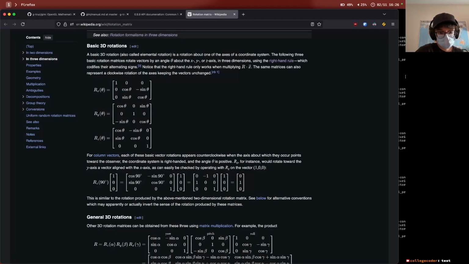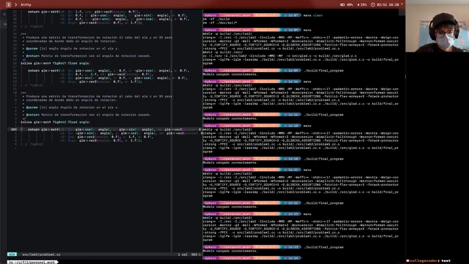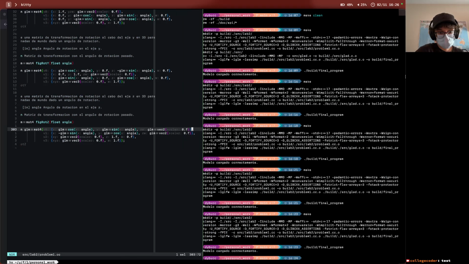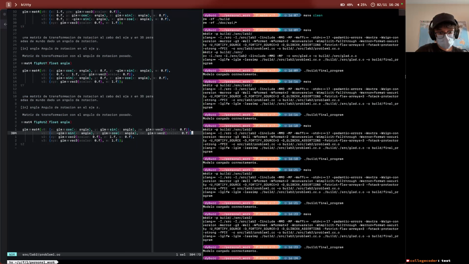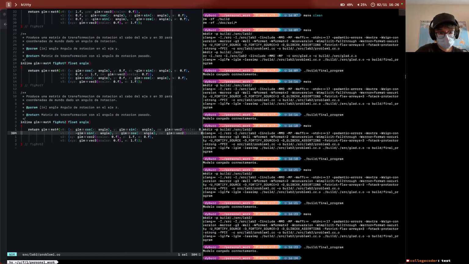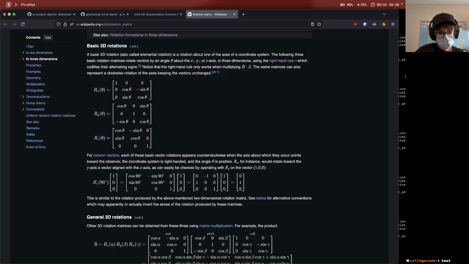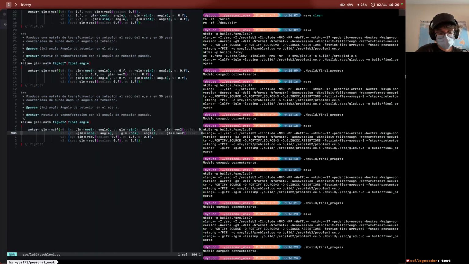So cosine and then sine and then 2 zeros. Then negative sine, cosine, and 2 zeros. And basically 0, 0, 1, 0. And 3 zeros and 1, because we're in affine. We're performing affine transformations on the world coordinates.